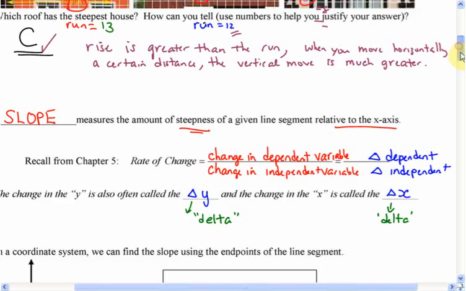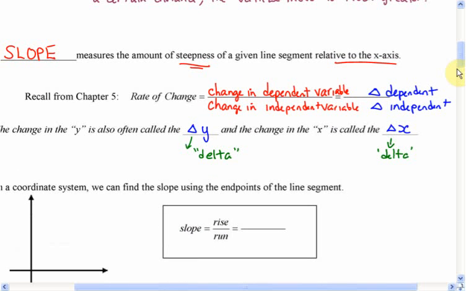So what I'm going to show you today is that this idea of slope, which is really the rate of change, is the same thing as rise over run. Rise is your change in the dependent variable, where run is the change in your independent variable. We're comparing a vertical move with a horizontal move.